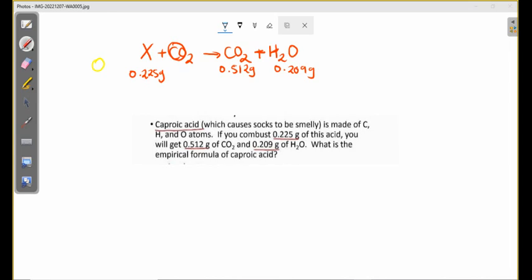That will be mass over molar mass. So the mass of carbon dioxide, 0.512, over the molar mass of carbon dioxide, carbon is 12, oxygen is 16, that is 44. So we can divide that, we see what we are going to get.